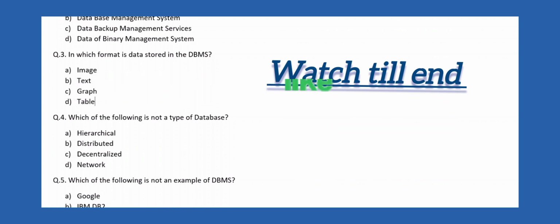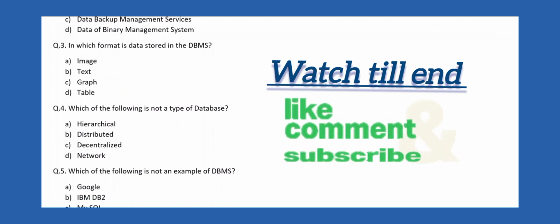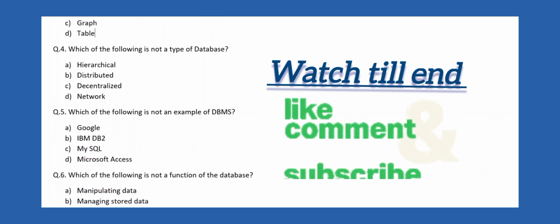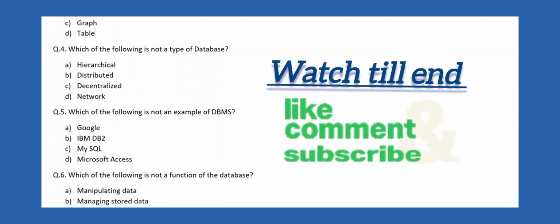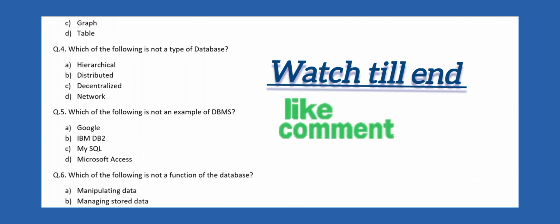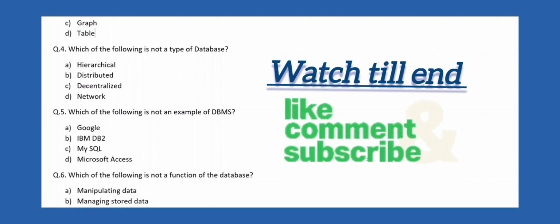Fine. Now, come to the fourth question. Which of the following is not a type of database? So your options are hierarchical database, distributed database, decentralized database, and network database. As we have studied in the topic of types of database, the types of database systems are hierarchical, distributed, and network. These three are types of databases.